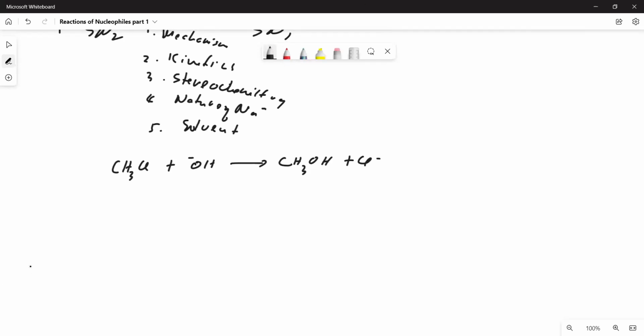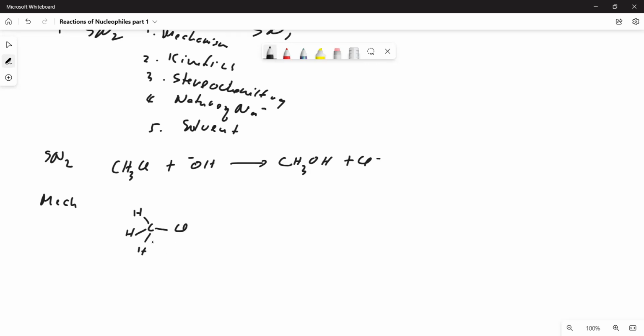So that is a nucleophilic substitution reaction. Now let's start with its mechanism. To describe the SN2 mechanism, take note that the carbon in methyl chloride is tetrahedral, so we can illustrate it like this.